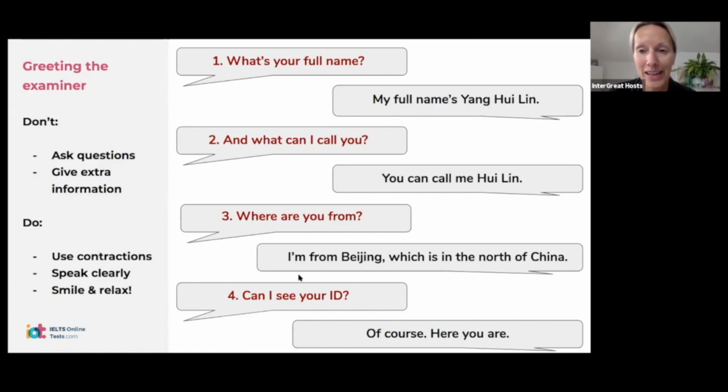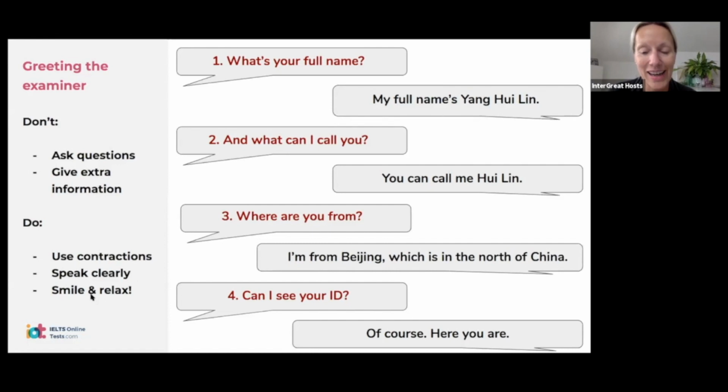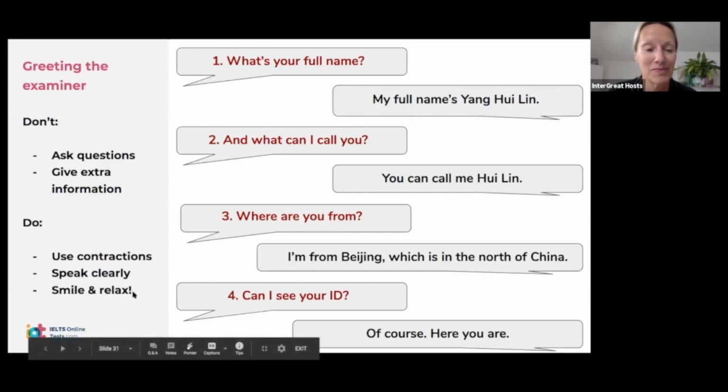Okay, for example, I'm, my full name's. You don't need to speak really formally, speak naturally. Of course, you need to speak clearly and you need to try and smile and relax. Okay, if you're like me, when I get nervous, I don't smile. I find it really difficult. So you need to force yourself to smile if possible. I know it's hard. Yeah, it's really difficult.